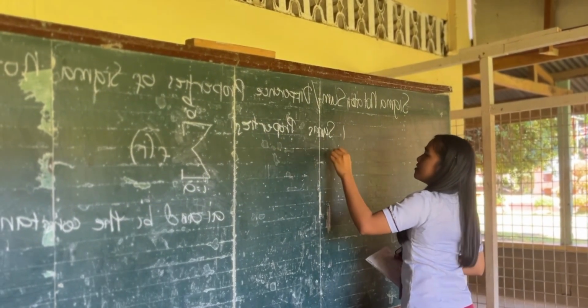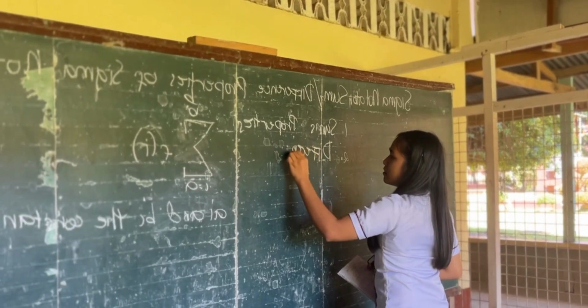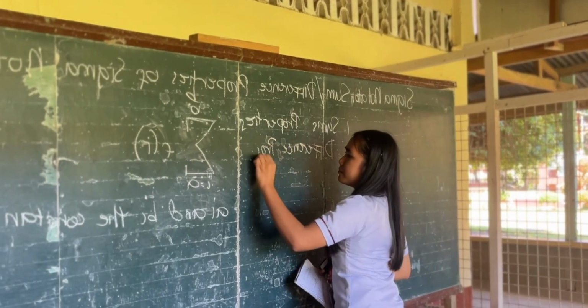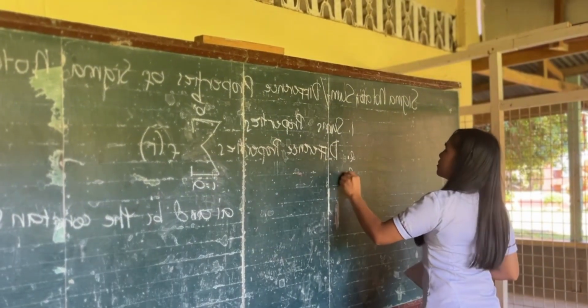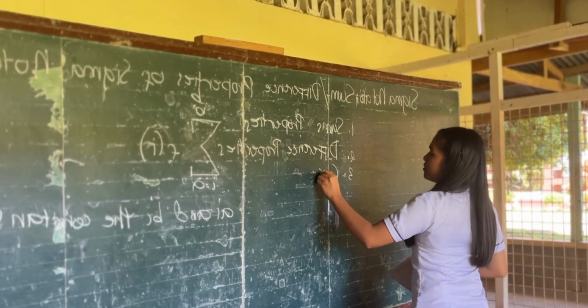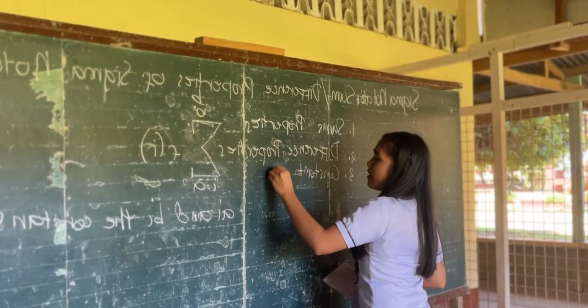Second is the difference property. And thirdly is the constant factor, or constant multiple, property.